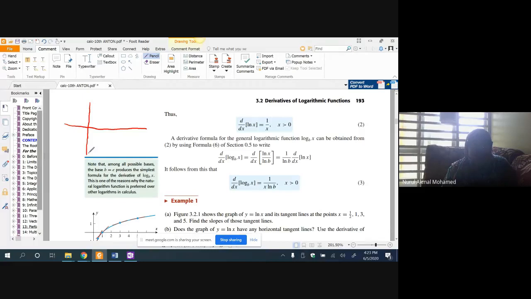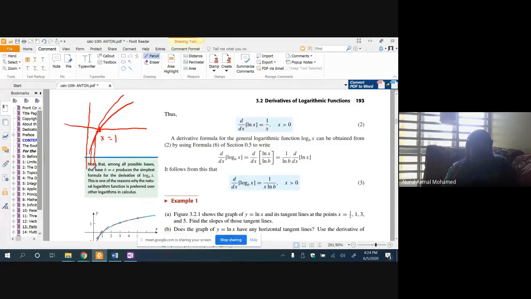If you draw the graph of the logarithmic function, it will be something like this. It will always intersect at x equal to 1. The families of logarithmic function will have the same shape like this. It's always intersect at x equal to 1. But how it curves depends on what base it is.